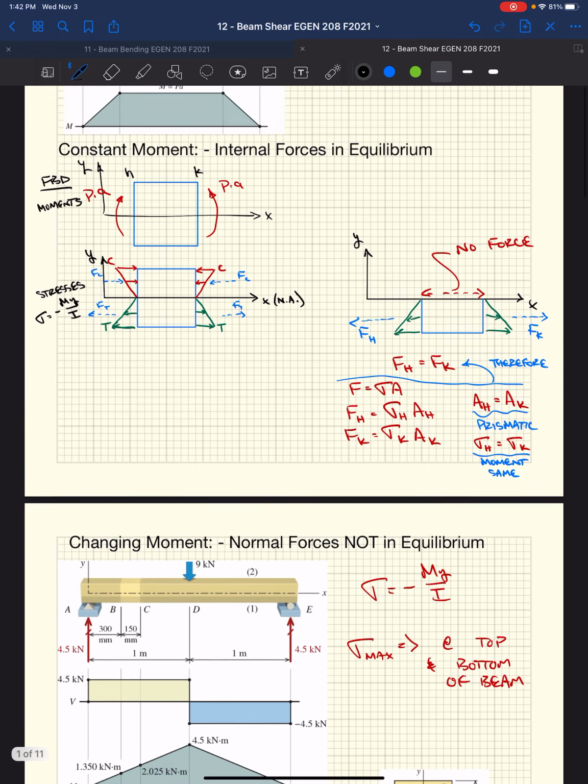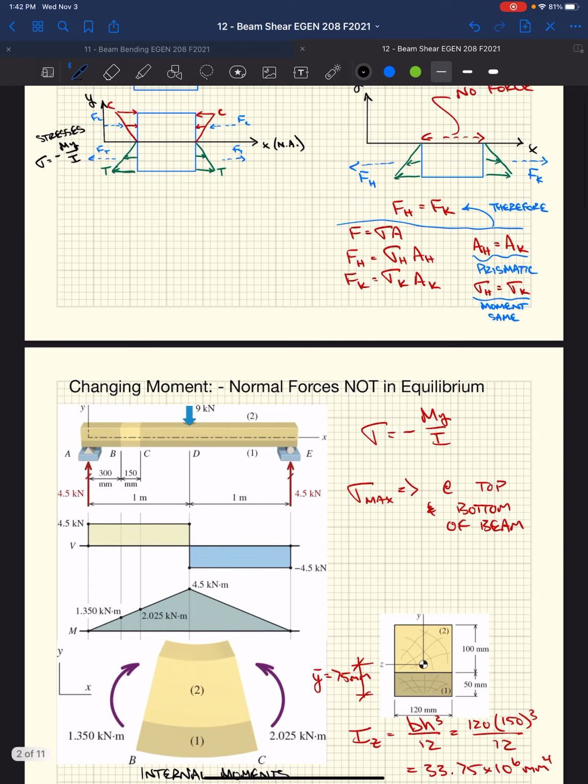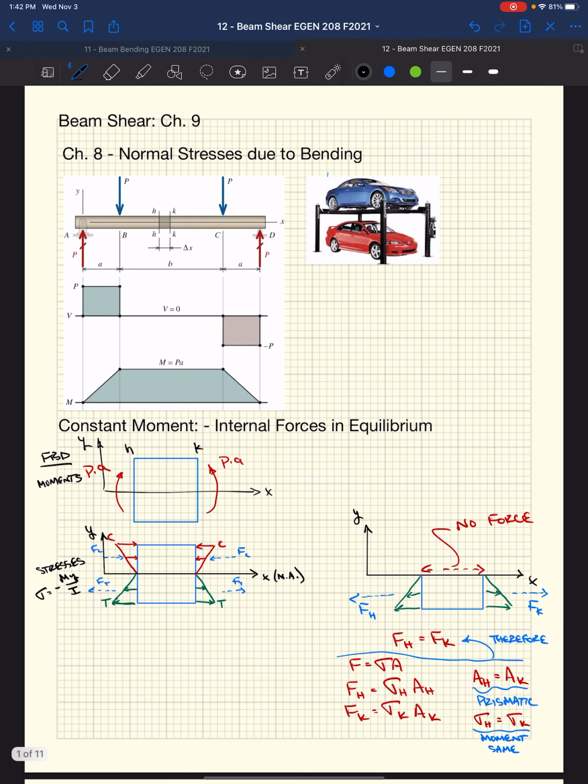Right? Go back to, right, we have a changing moment, we have a shear force. If we go back to our car lift, we have a changing moment, we have a shear force. We have a constant moment, we have no shear force.